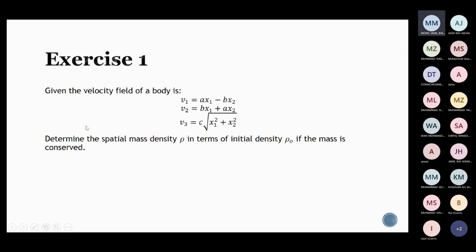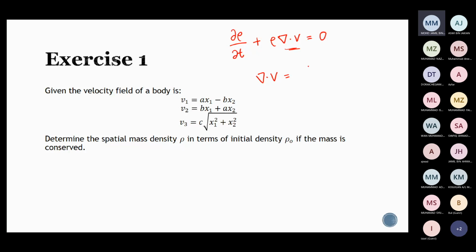Okay, so exercise 1, given the velocity field of a body, so velocity is already given. So determine the spatial mass density in terms of initial density if the mass is conserved. Okay, so we have this relationship. So firstly, we need to find this, del dot v.